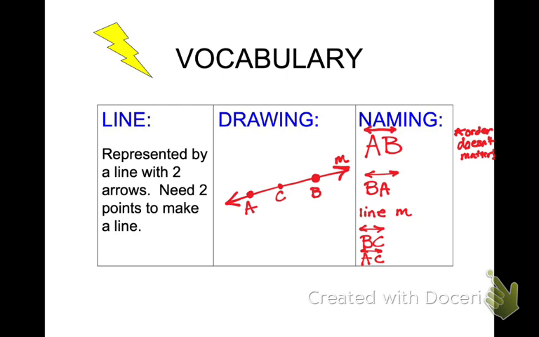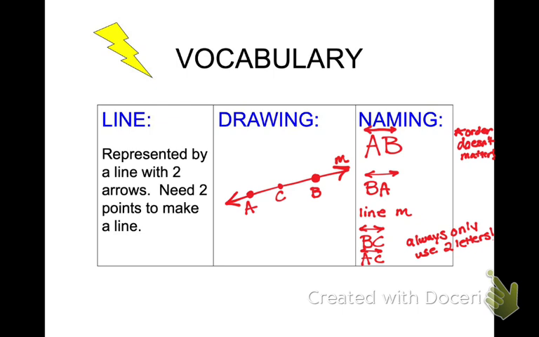Always, always, always only use 2 letters. Just because there's lots of points on the line doesn't mean you should use all of them. So you just pick any 2 letters from the line. Okay? Or it could be line BC, or it could be line CA.